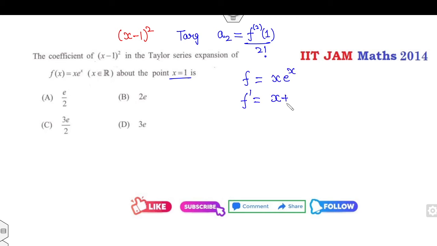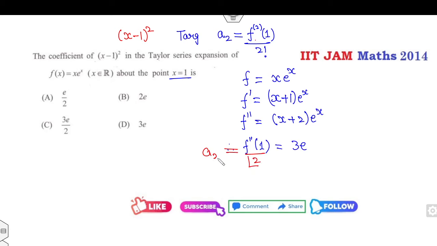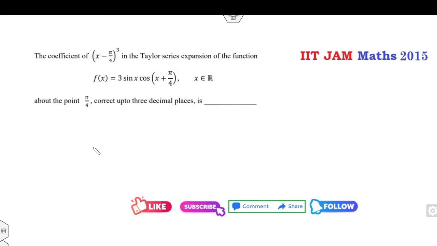It is (x plus 1) into e^x. Can you find the second derivative? It is (x plus 2) e raised to power x. So therefore, the second derivative at the point 1 is 3e. Now I can divide it by 2 factorial, which is 2. So C is my right answer of this problem.